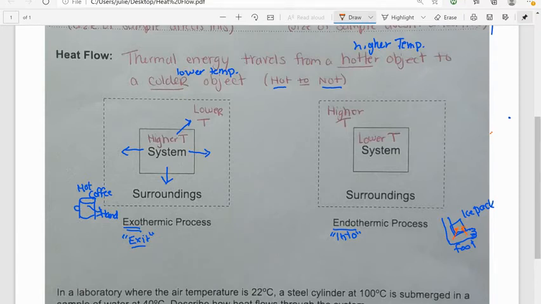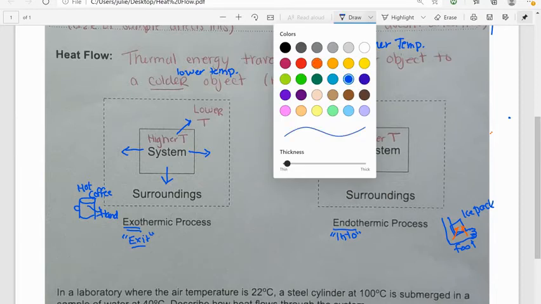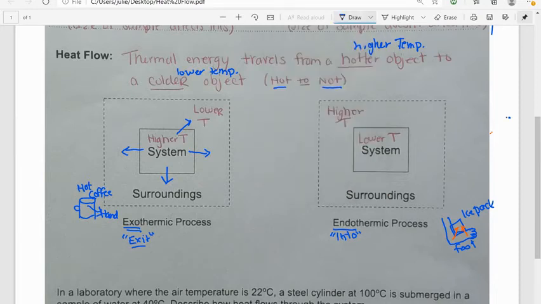It's taking energy away from you. That means that's the endothermic process. Energy is going into the ice pack, and because your foot has less energy, it feels colder, and is colder because it's lost that energy. So for your endothermic process, your system has to be at a lower temperature. The surroundings are at a higher temperature, so that energy is moving from higher to lower.